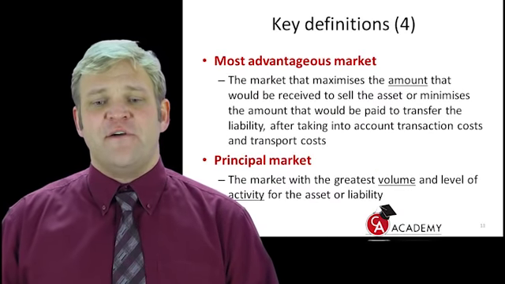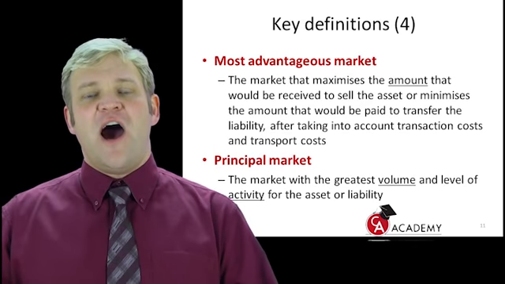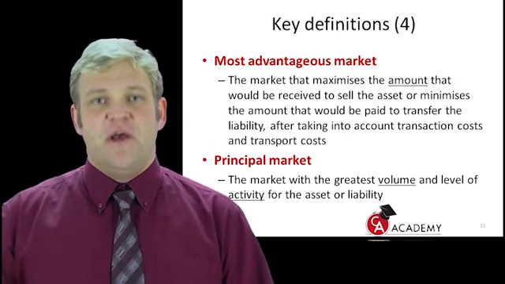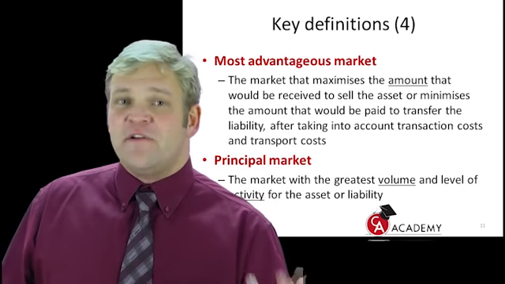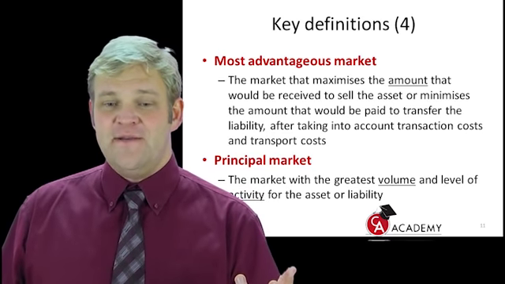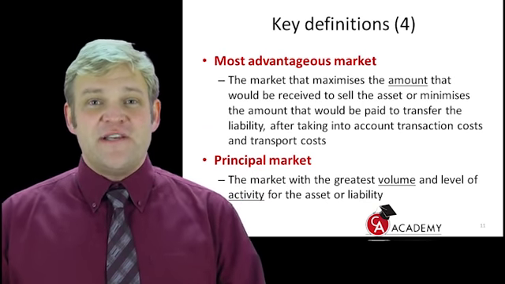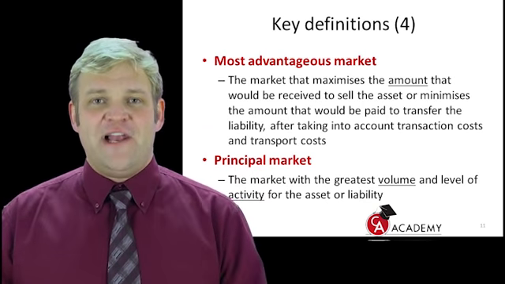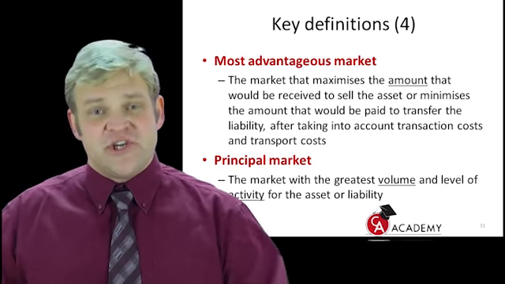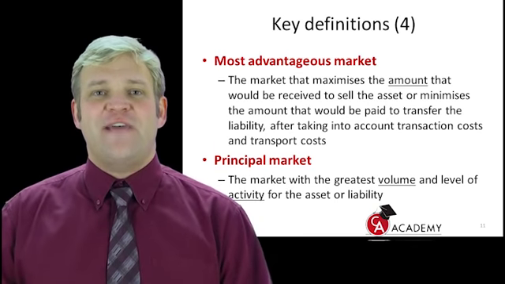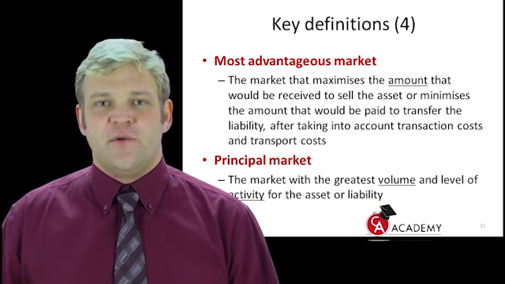The most advantageous market versus the principal market. I would contrast these two. Because you get the most advantageous market, and then you get the principal market. Now the question is, when we determine fair value, and forget about non-financial assets now, think about it in general, which of these two do you think IFRS 13 is going to prescribe?